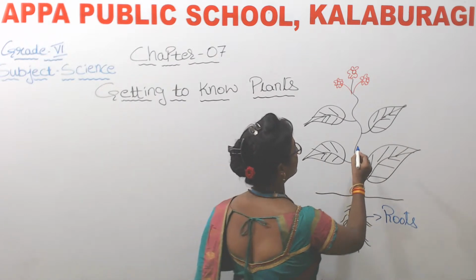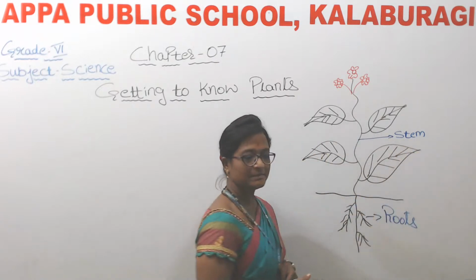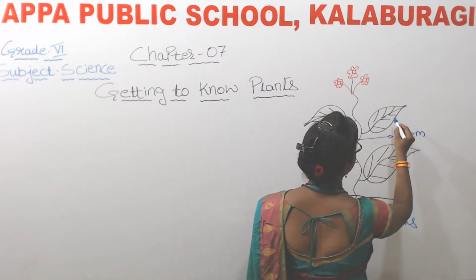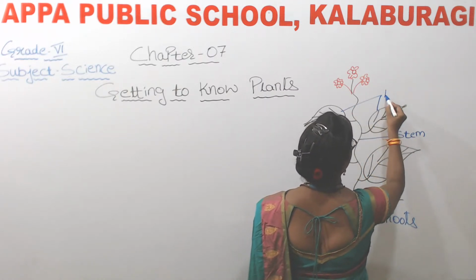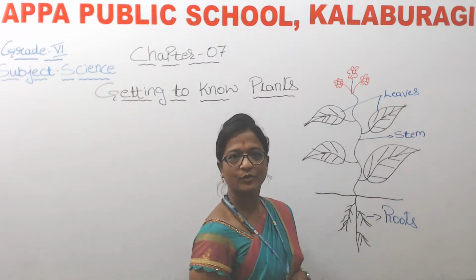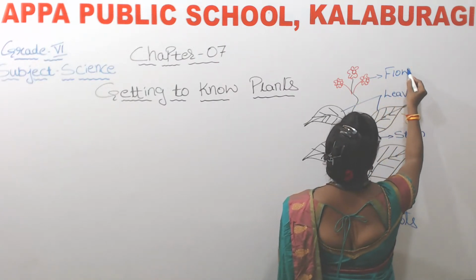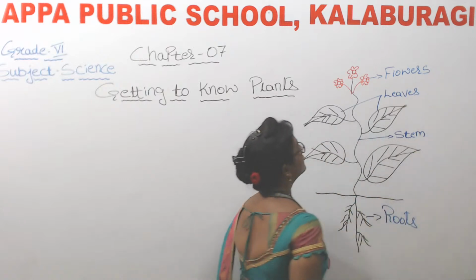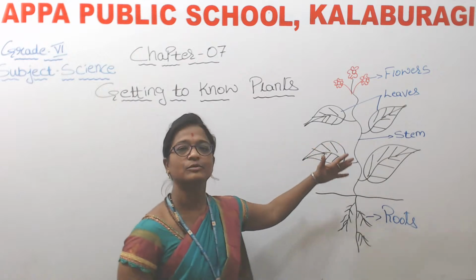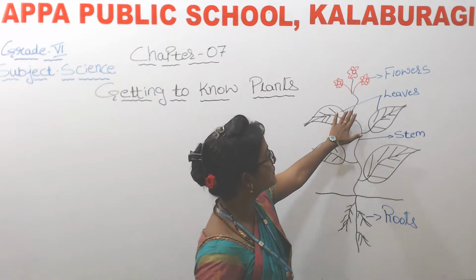Yes, they are stem, leaves, flowers. So the parts of a plant above the ground are stem, leaves and flowers.